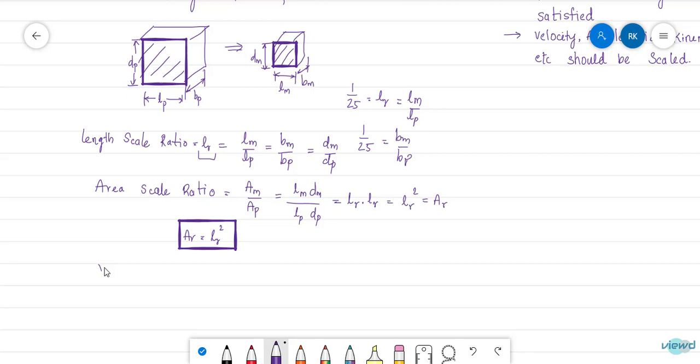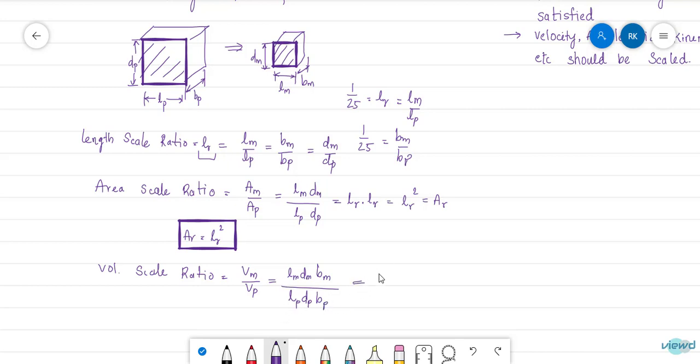Now what will be the volume scale ratio? Simple. Volume scale ratio is volume of model divided by volume of prototype. Volume of model means length into breadth into depth, LM DM BM, divided by length, breadth, and depth of prototype.